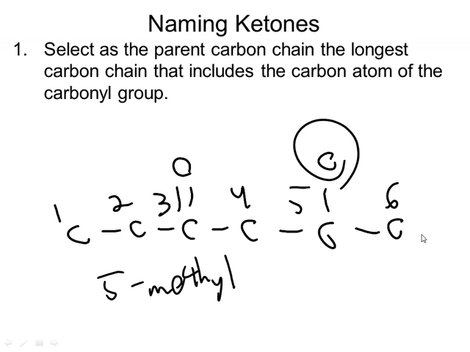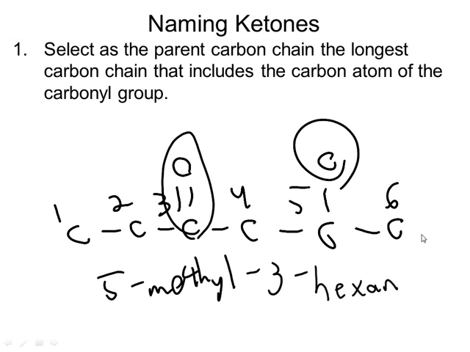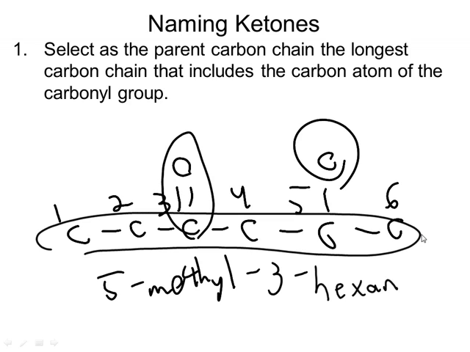Now, I have to indicate where the carbonyl group is. We know the carbonyl group is not going to be at 1 or 6, but it could be on 2, 3, 4, well, not 5 in this case. Just like with a hydroxyl group, we have to say where the carbonyl is. So for a ketone, unlike an aldehyde, I do have to put a number. I'm going to put 3, and then I'm going to say hexan to indicate how many carbons are in the parent chain.